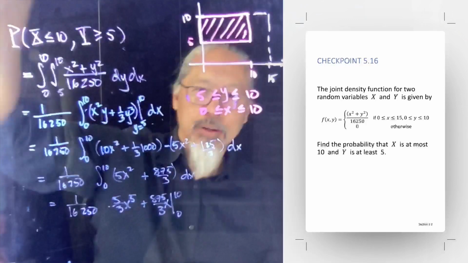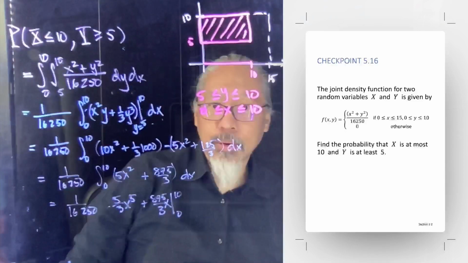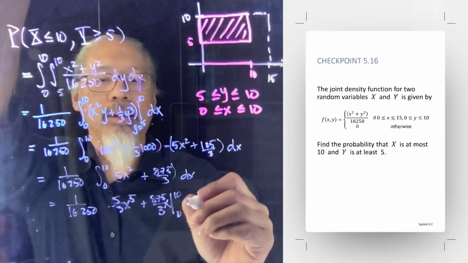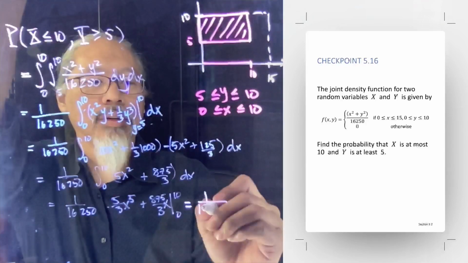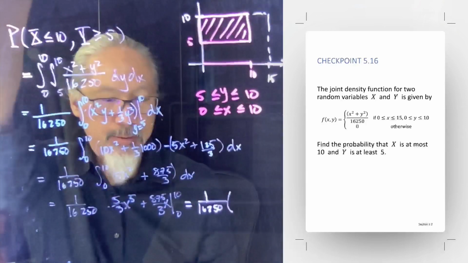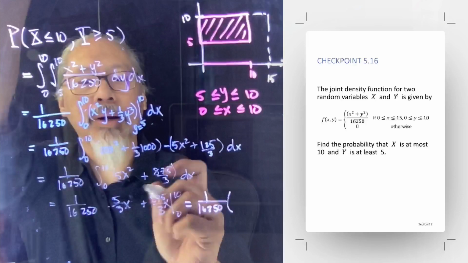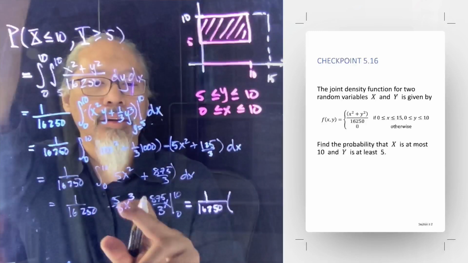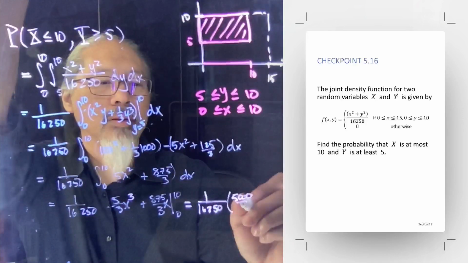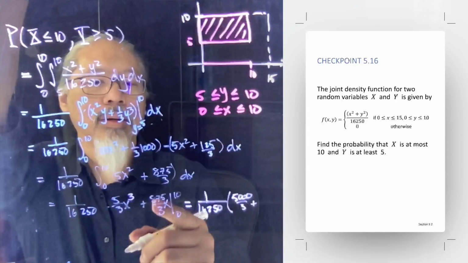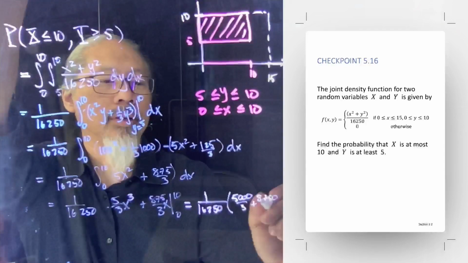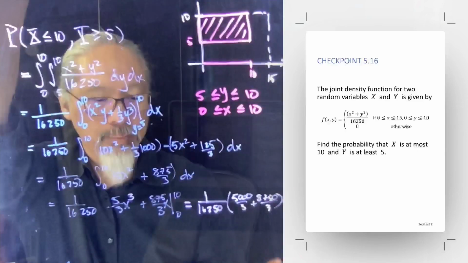The 0 will make it disappear. We just need to worry about what happens when it's equal to 10. So let's put 1 over 16,250, and let's put 10 in there. Oops, this should be to the 3rd power. So that's 1,000 times 5, that's 5,000 over 3, plus 8,750 over 3.